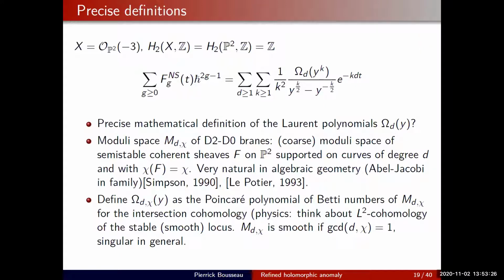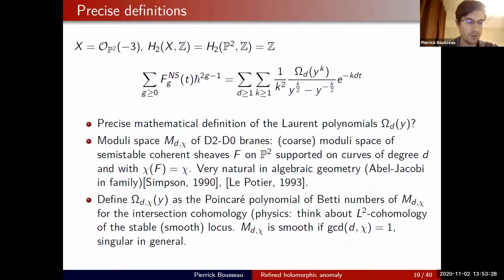So I did not say that the singular points were not contributing. Essentially, there are two slightly different points of view. One point of view where you only consider strictly bound states. And in some cases, the moduli space of such a thing is compact, and then you just take ordinary cohomology. Or in some other cases, it's non-compact. And when it's not compact, you need to be careful how you define the cohomology.